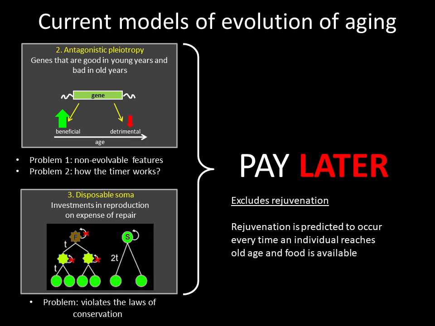And second, there is a huge problem with later. How is time defined? These models presume that biological age monotonously depends on time. Why should it? Implicitly, it excludes rejuvenation.